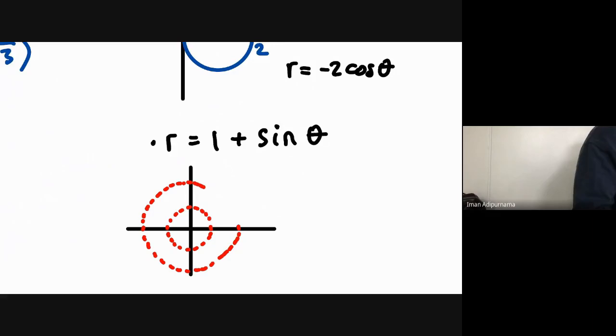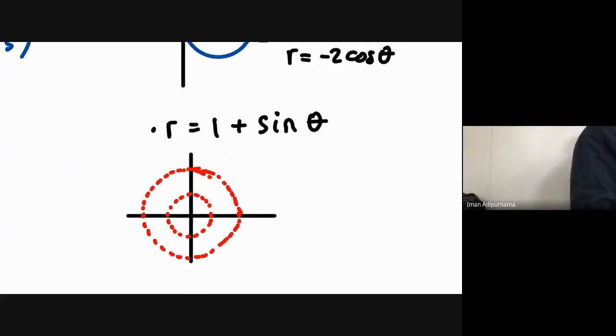And this red line is to help us draw, not the curve. So let's say this is 2, and maybe this is 1.